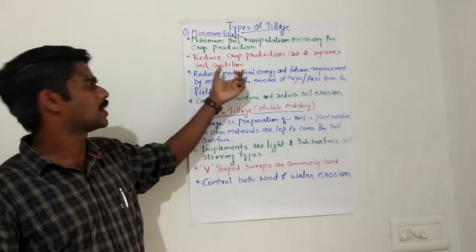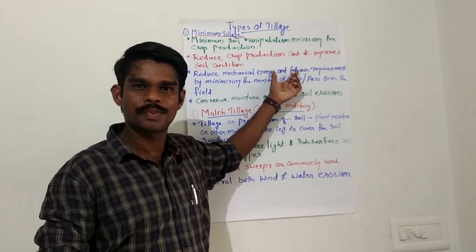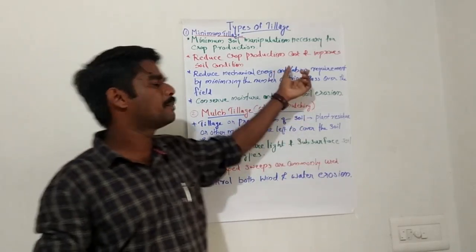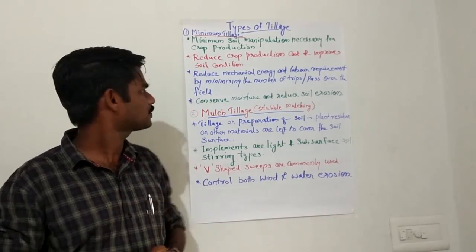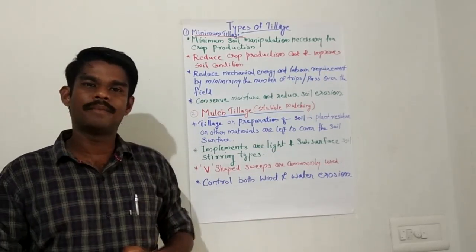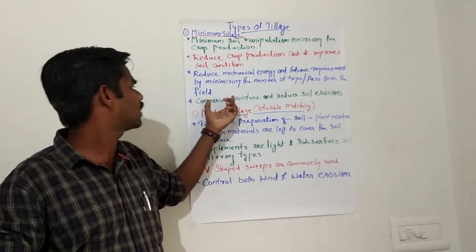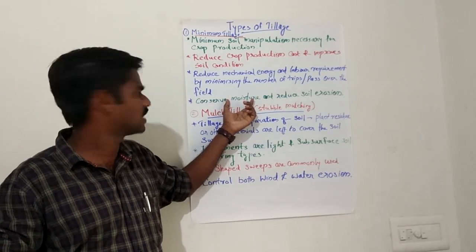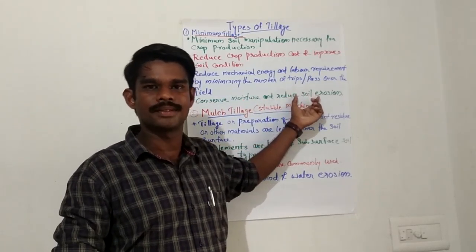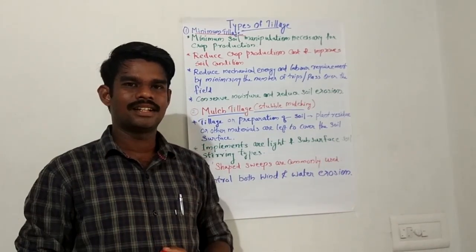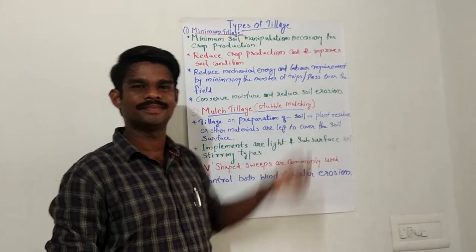So it reduces the mechanical energy required for the tillage operation as well as the labor requirement. And minimum tillage also plays a vital role in moisture conservation, and it also reduces soil erosion.